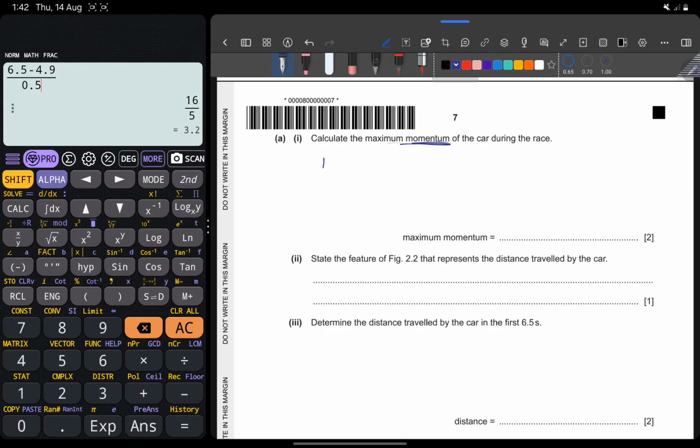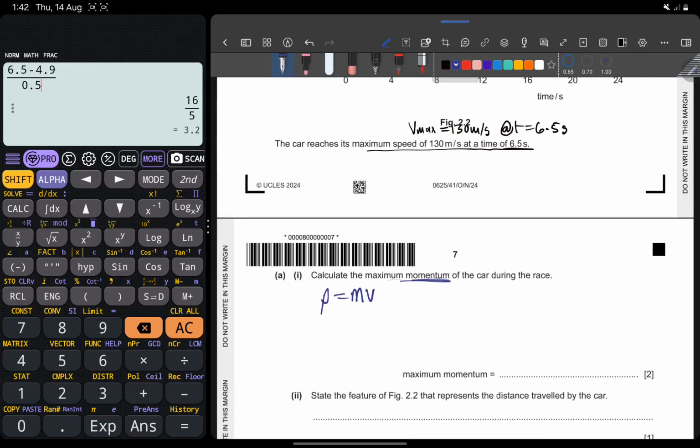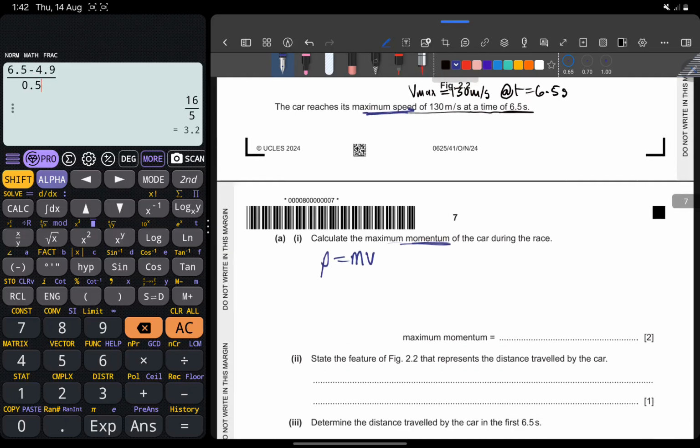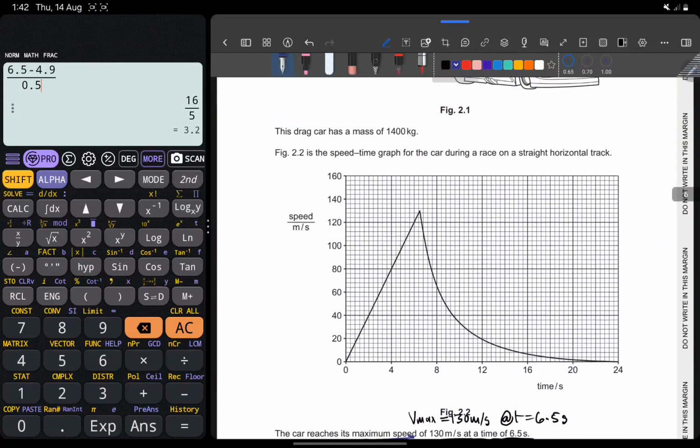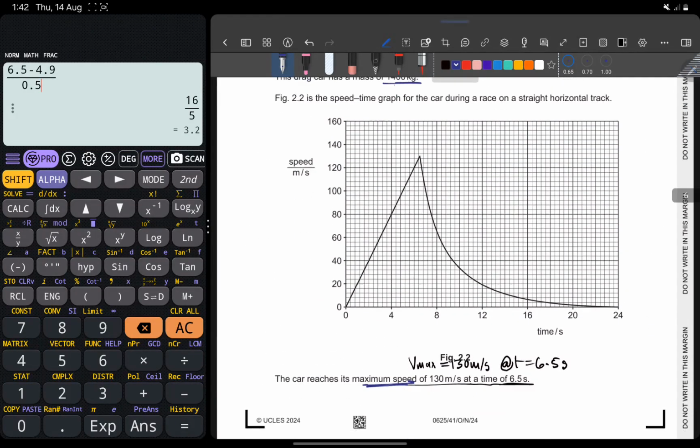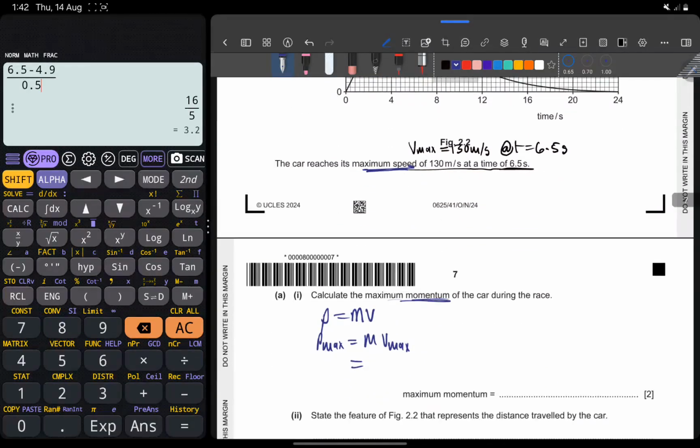This is easy. Momentum is equal to mass times velocity. Where else did we see the word maximum? On speed. So maximum momentum is equal to mass times Vmax, maximum speed. What is the mass? We have a car, 1,400 kgs. So it is equal to 1,400 kgs times Vmax.